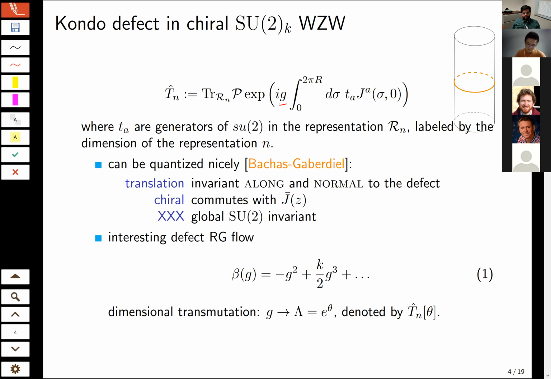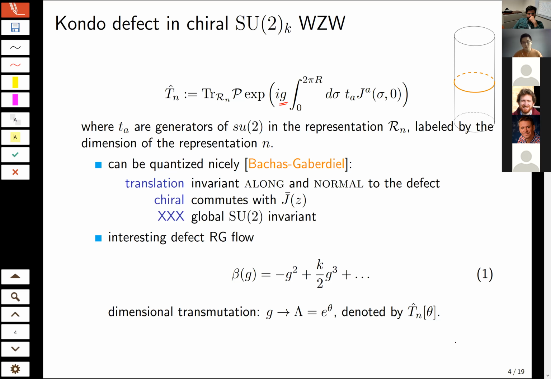So this g is classically marginal, and you can study the beta function. It turns out it is asymptotically free in the UV. As you go to the IR, the coupling increases, and it's strongly coupled in the IR. As in the generic case of asymptotic freedom, there's a dimensional transmutation, which means the dimensionless coupling is turned into a dimensionful scale, which I will label by e to the theta.